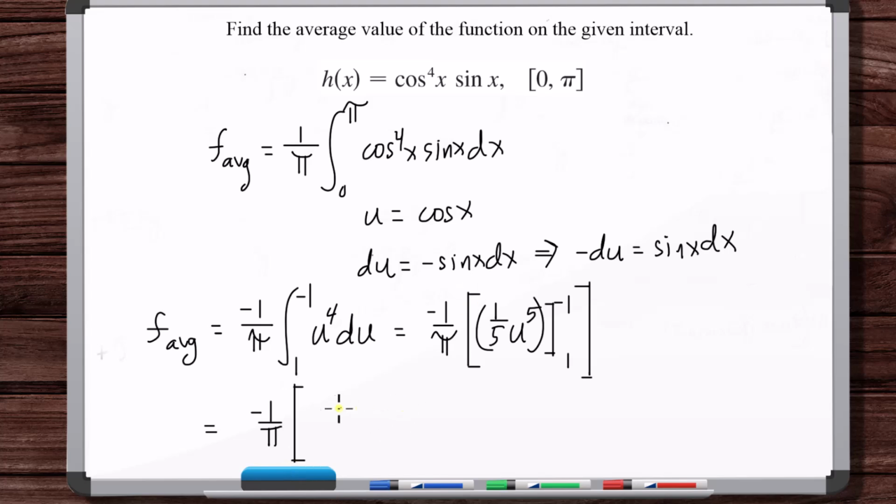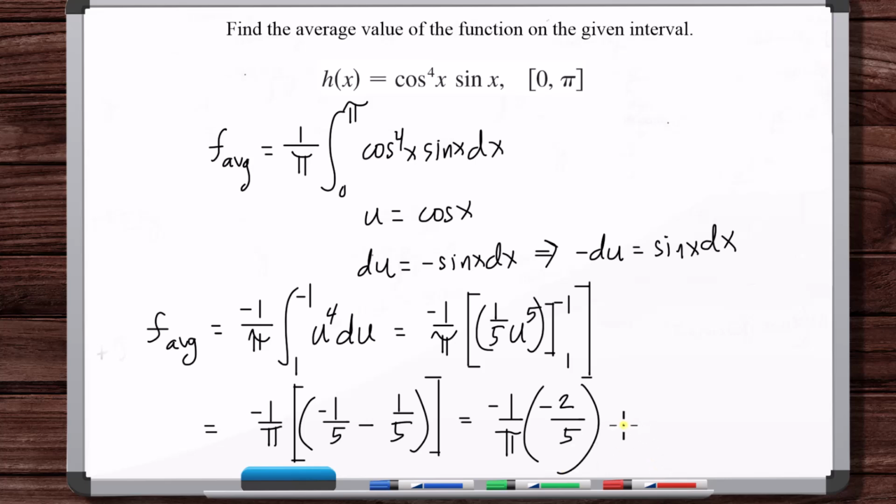So we start with minus 1, so that's minus 1/5, minus 1/5. So minus 1 over pi times minus 1/5 minus 1/5 is minus 2/5. So 2 over 5 pi.